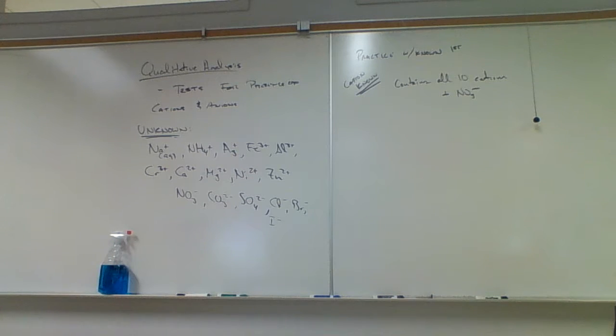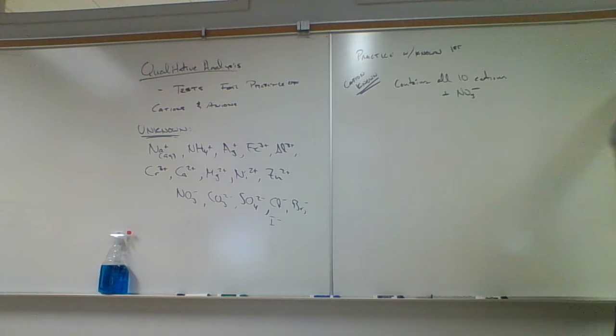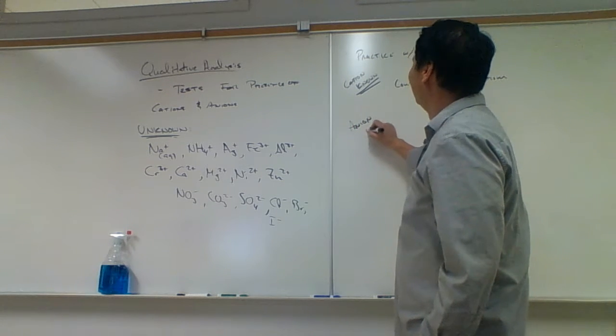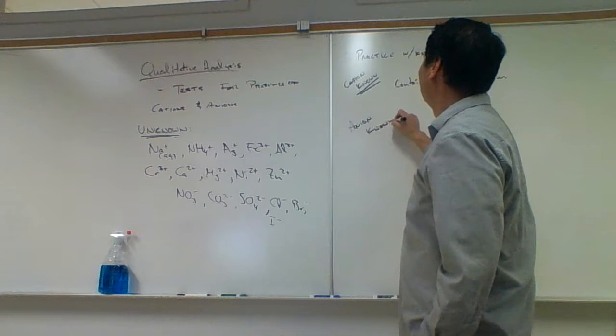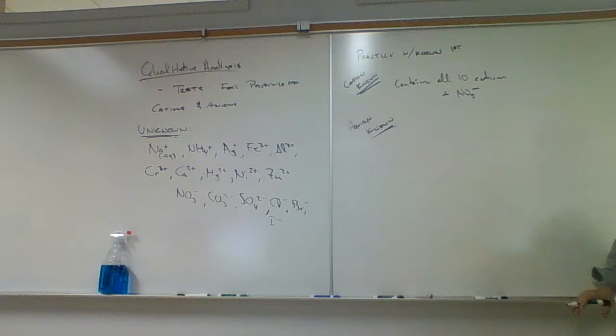And so when we go through the tests, it should work for all the ions. We should expect the results that are outlined in the manual there. And then we have an anion known. The anion known would contain all the anion stuff. And so we practice with this first.